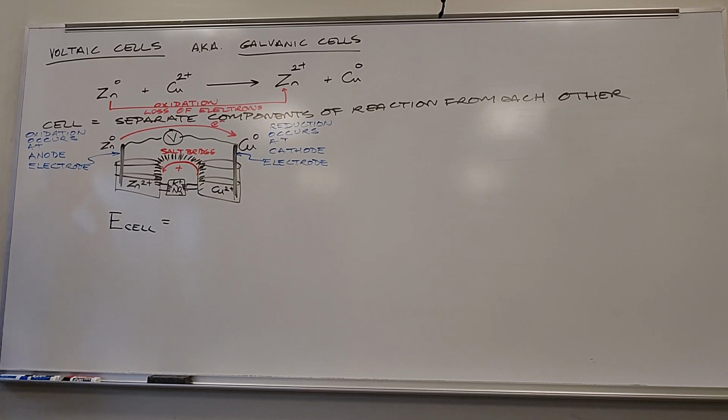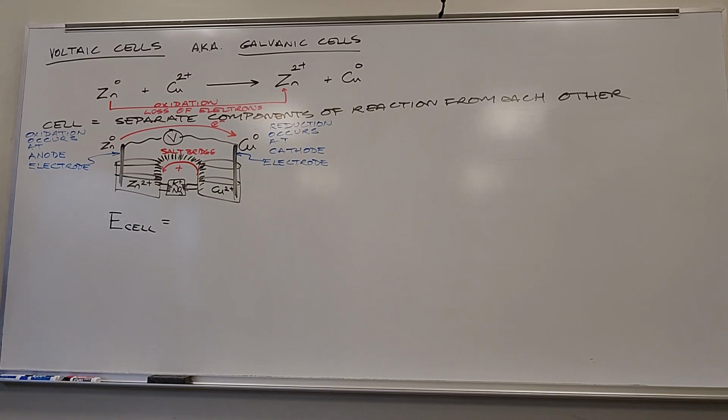Okay? Now the way that we've decided to do this is slightly different than the way I was taught when I was a student. The way that I was taught was reduction plus oxidation.